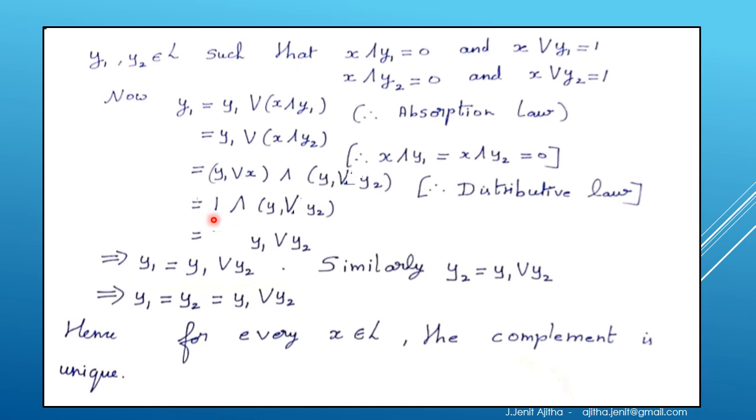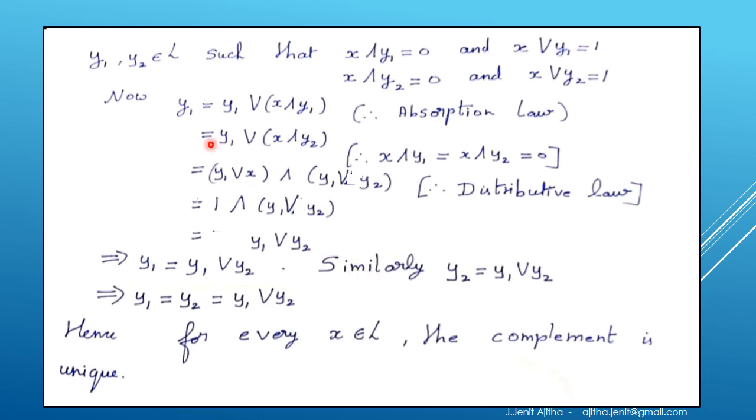So this is equal to 1 meet (y1 join y2), and this is equal to y1 join y2 because 1 is the greatest element. Therefore, if you take meet with any element, you will get the same element with 1. Therefore, this is equal to y1 join y2.